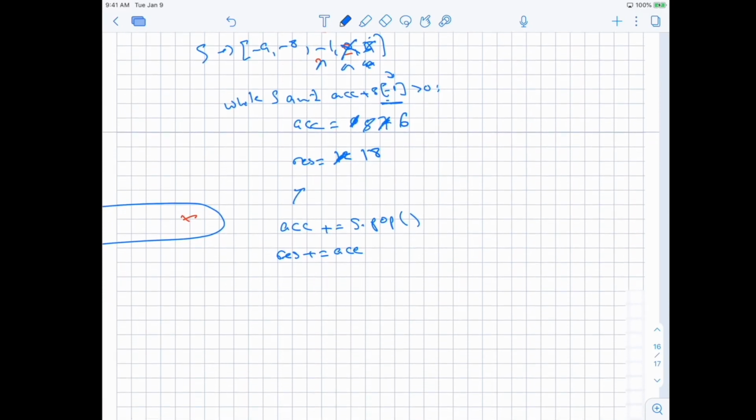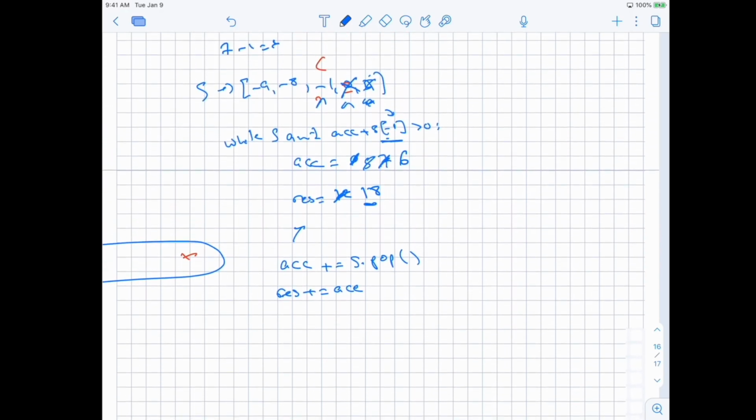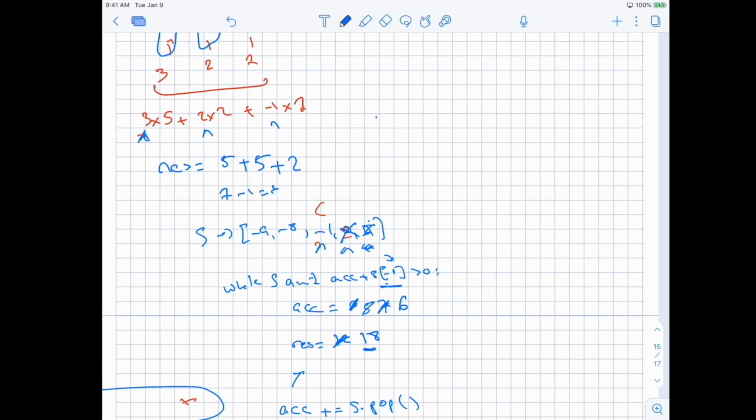Now, why is this 18 in this case? If we map it back here, it's 18 because we processed 5, the previous dishes before -1 are 2 here. And so it's going to be 5, this one from processing -2, this one is from processing 5, and then another 5 from processing -1.